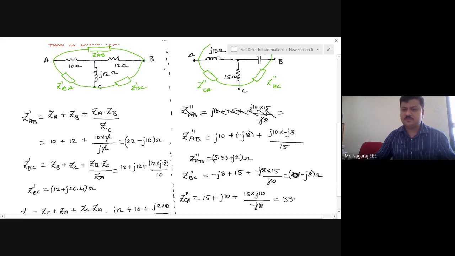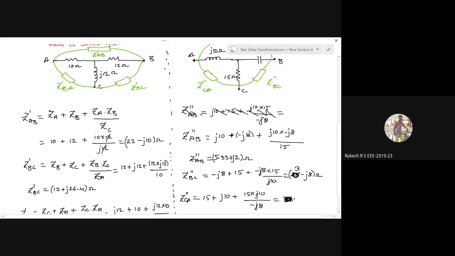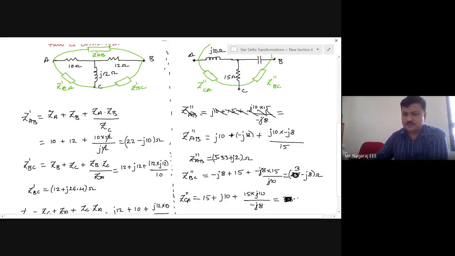Yes, I confused this with plus. I forgot this. It is 3 minus J8, right? Okay, this is also the same thing. It will not come 33, I think. 15 into 10 by 8. 15 minus of this value. Minus 3.75 plus J10. Yeah, minus 3.75 plus J10.